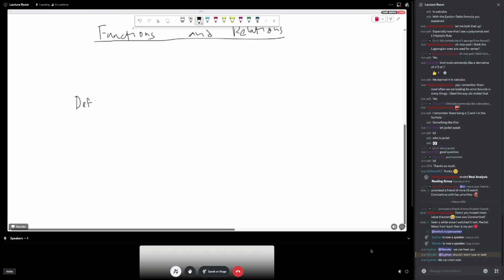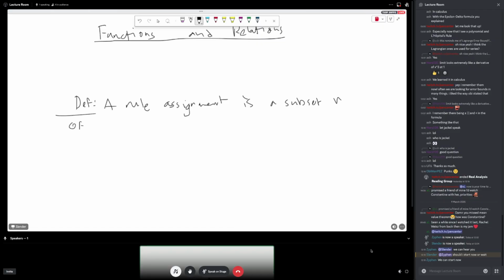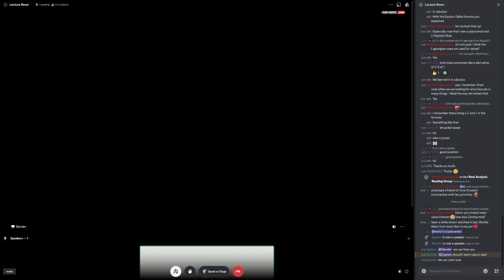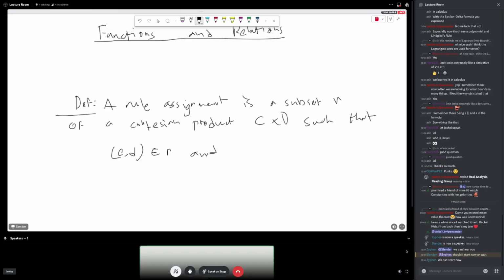A rule of assignment is a subset, let's say R, of a Cartesian product C × D, where C and D are any sets, such that if we have some (c, d) as an element of that subset, and another pair (c, d') also in that subset, this implies that d is equal to d'.